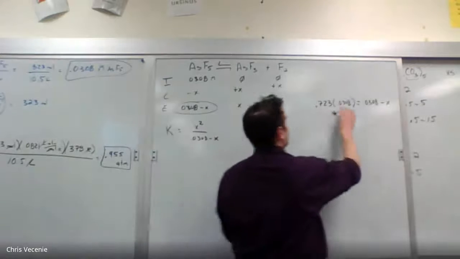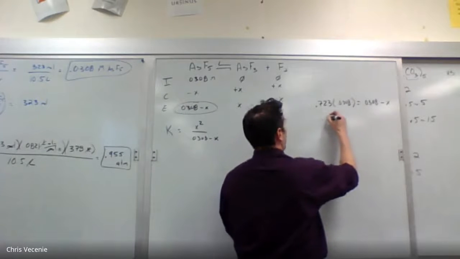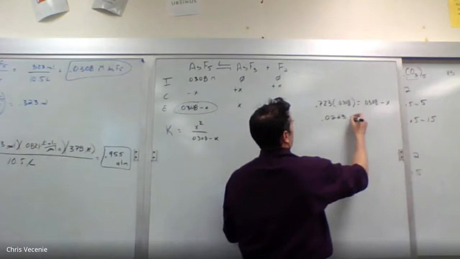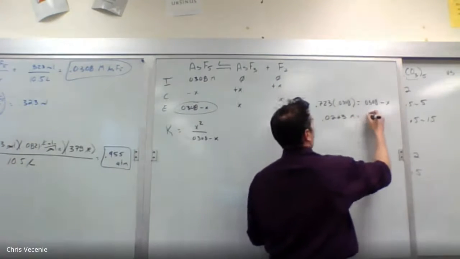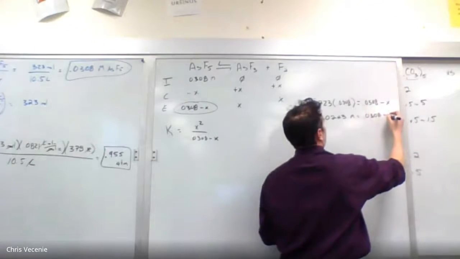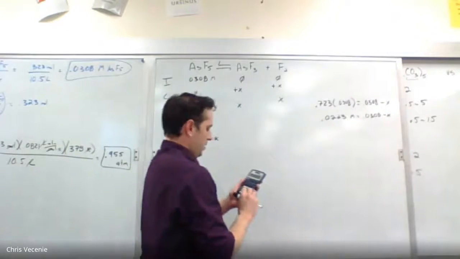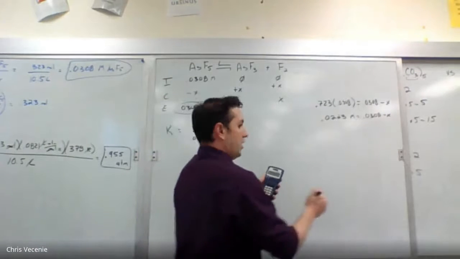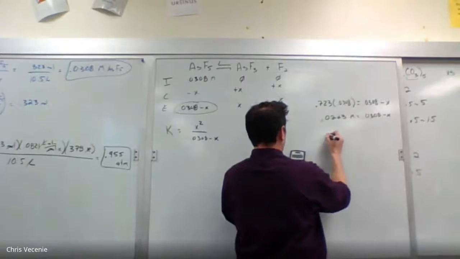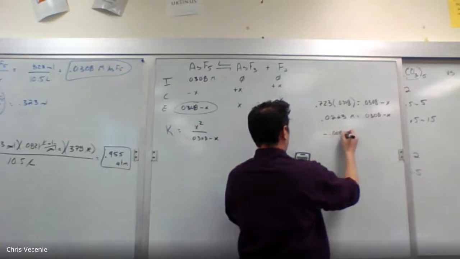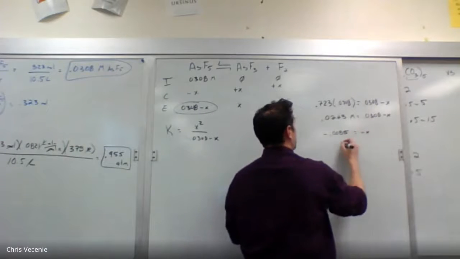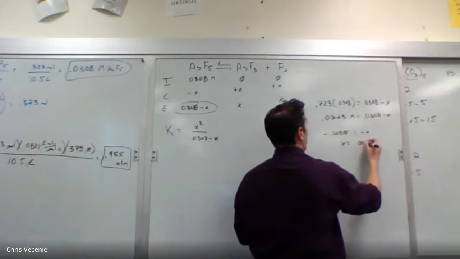Like I said, your 0.723 times this is 0.0223 molar. And that's equal to 0.0308 minus X. Do some math there. So you subtract the 0.0308 over, and we get negative 0.0085 equals negative x. So my x is 0.0085.